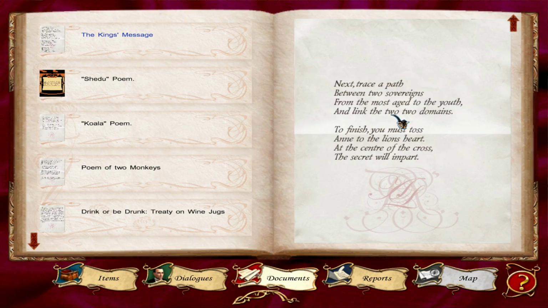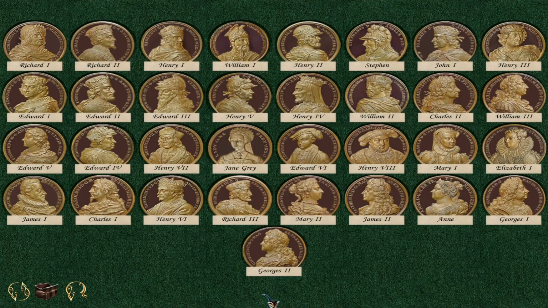And the second part is, between two sovereigns from the most age to the youth, and link the two domains. Link the two domains. Are they talking about the conquering of England? If so, then it would be Richard the Lionheart, right?